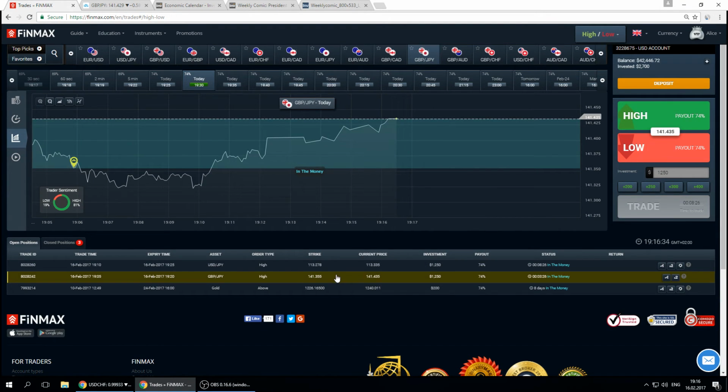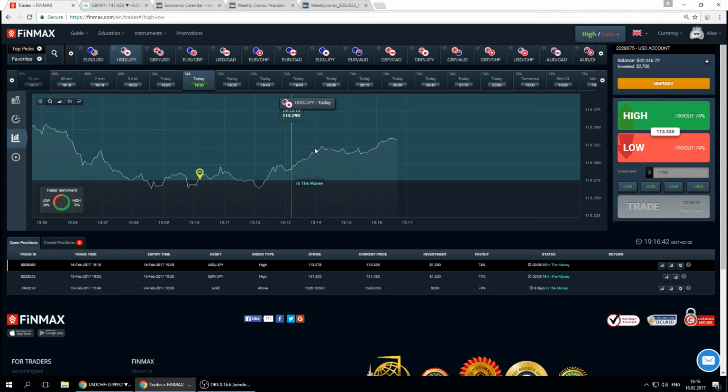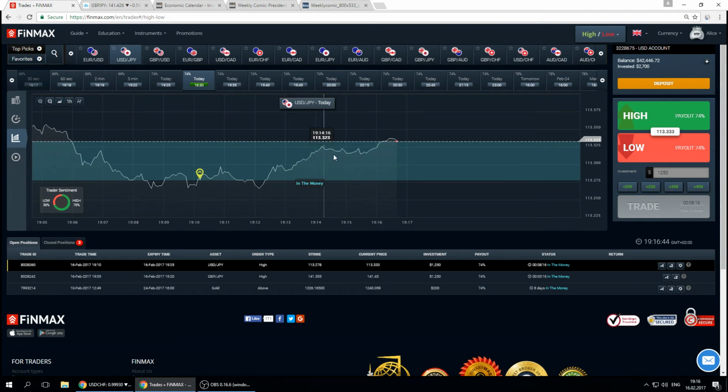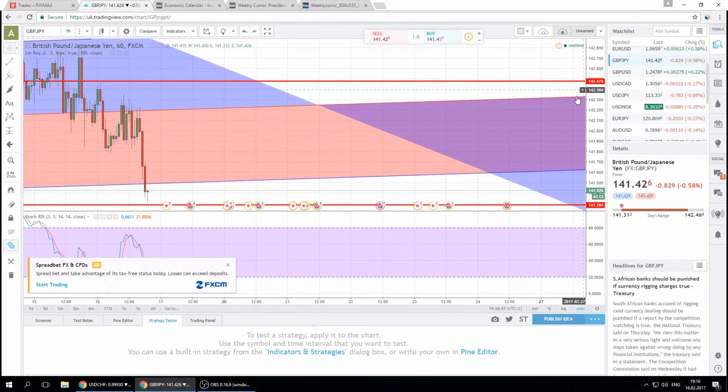So, 3 more minutes till this one trade expires, and 8 more minutes till this one expires. But everything looks good to me. So let's wait and see how everything ends.